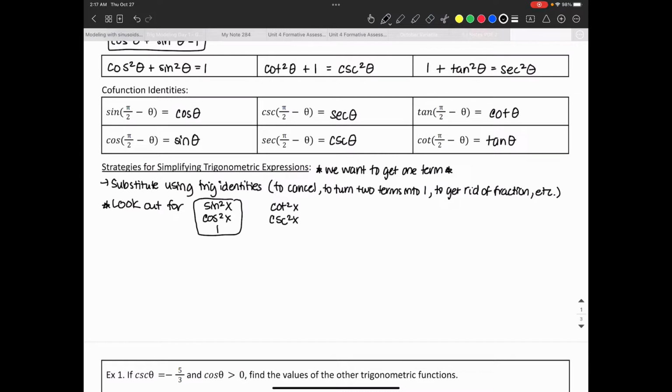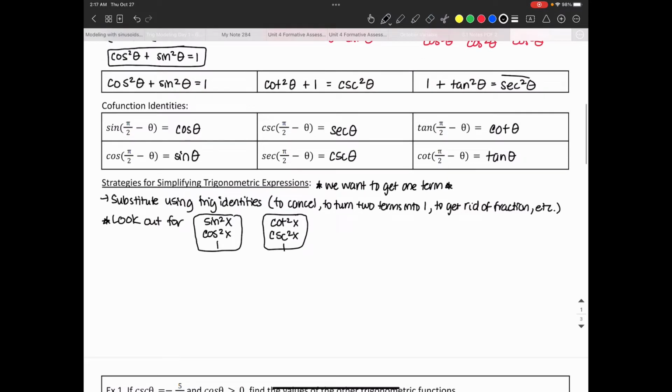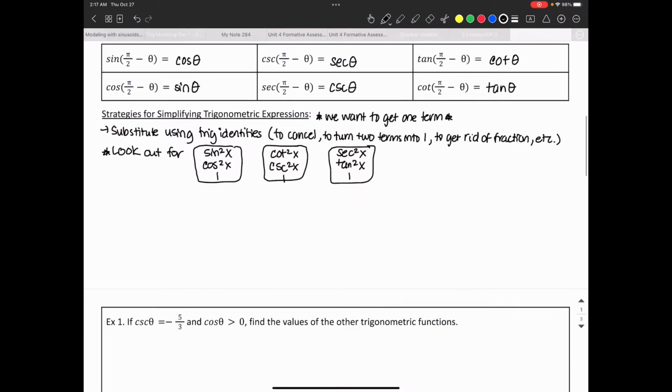That comes from the Pythagorean identities; these three things go together. And if I see tangent squared and secant squared together, and 1, I can rewrite those as well. So secant squared of theta, or x, tangent squared of x, and 1, those three things go together as well. Things to look out for.